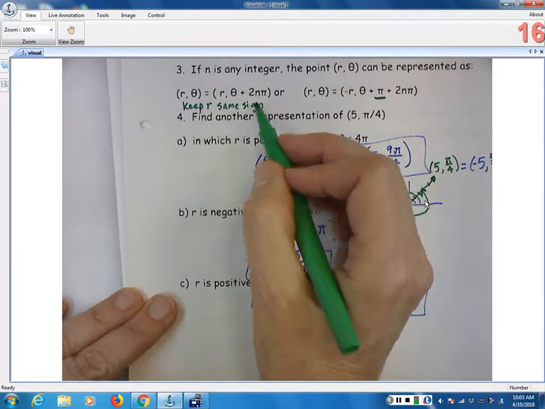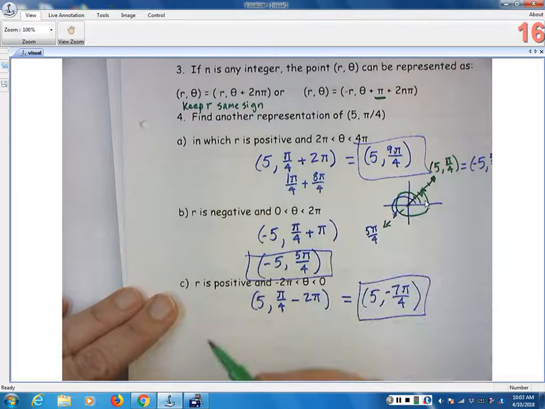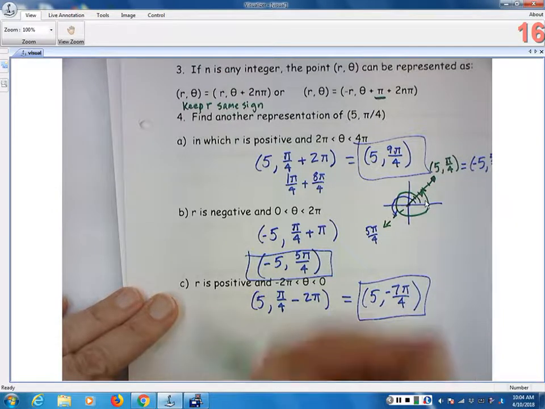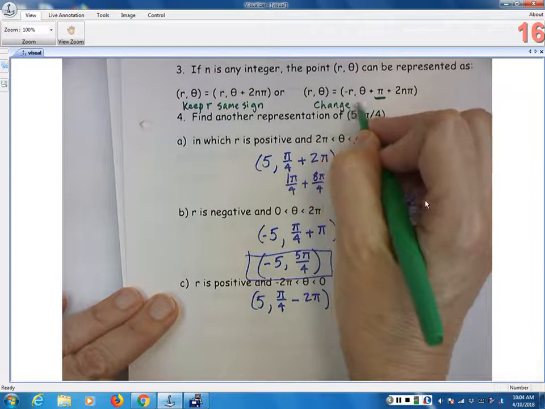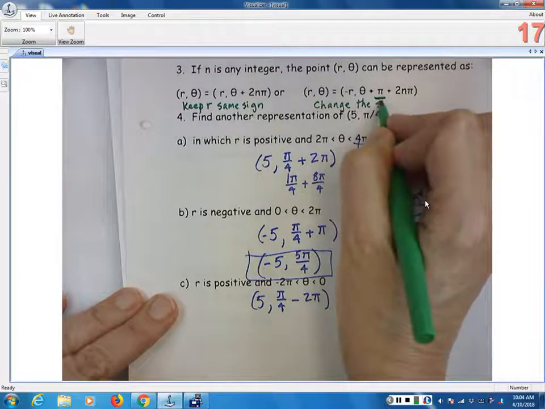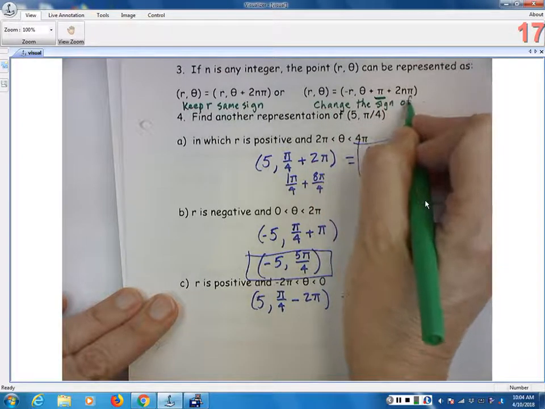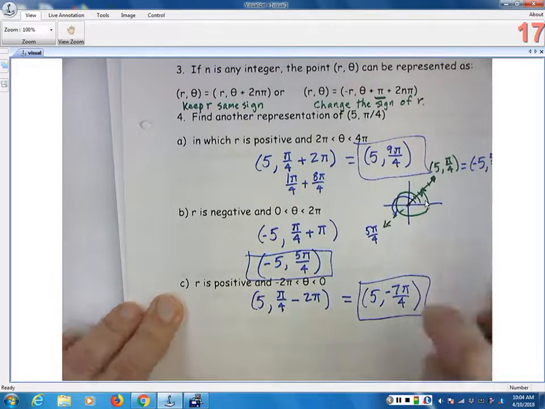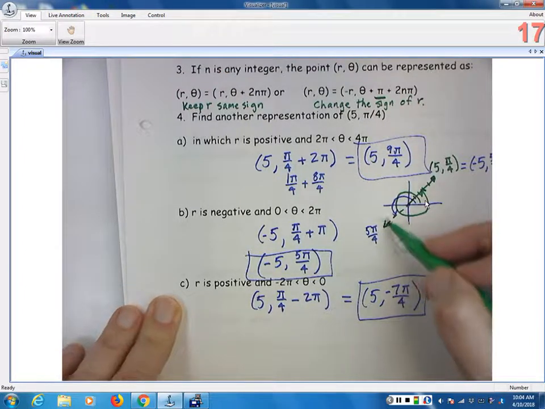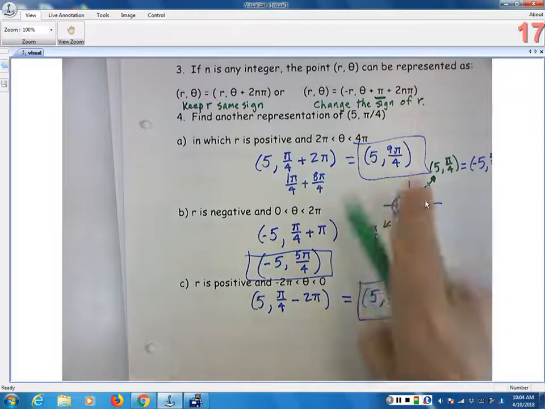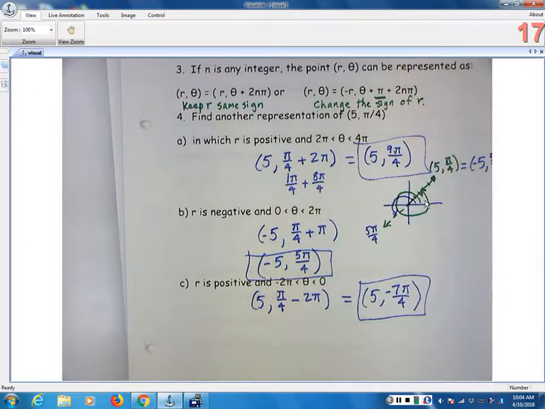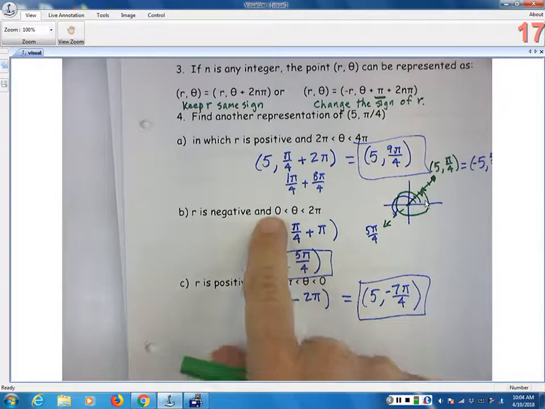You just add 2n pi to the angle, where n can be any integer. But if you change the sign of r, it's a difference of pi there. So that's why you add pi plus 2n pi. And the reason I only added pi is that would keep me between 0 and 2 pi.